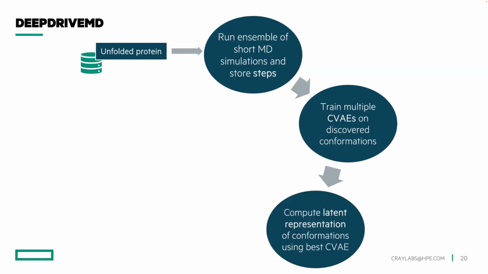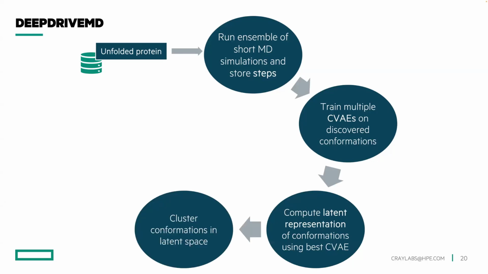space. So once we train the model, we use the best model we have trained. We trained lots of models at the same time, and then we use the best one to compute this low dimensional representation of our steps. Once we have this, we can cluster it in the latent space, so in the projection space.